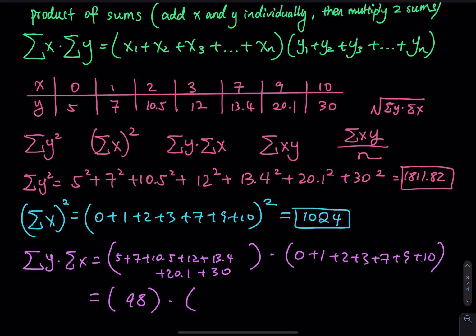And then we have to multiply the sum of x. So 0 plus 1 plus 2 plus 3 plus 7 plus 9 plus 10, that is equal to 32. And then we take 98, multiply 32, and then we have 3136. So that is the third sum.